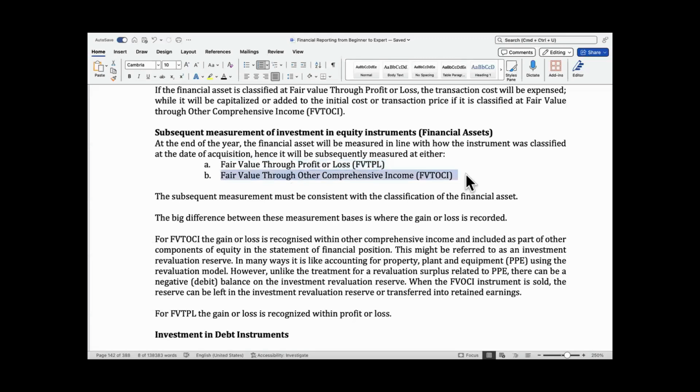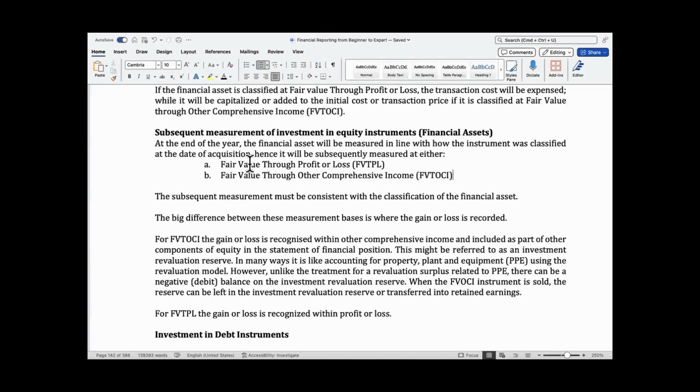So classification is consistent with the subsequent measurement. But when we say you are measuring it at fair value through P&L or OCI, what is that amount representing?